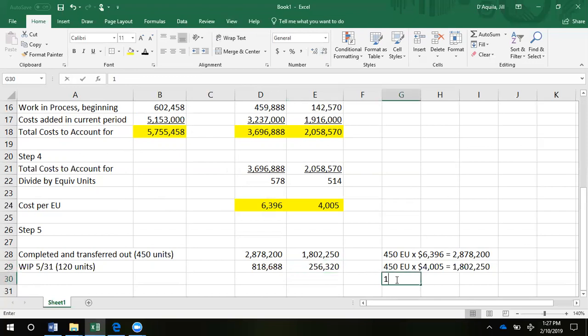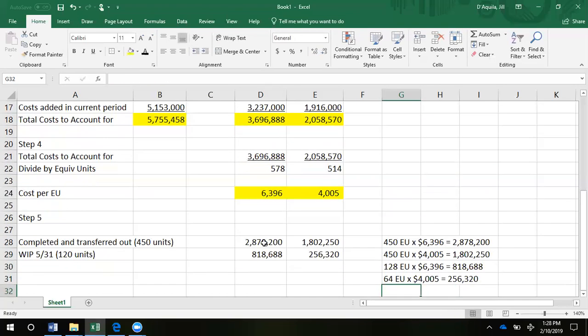So again, just to write out the work, it's 128 equivalent units times 6,396. That gave me 818,688. And 64 equivalent units times 4,005 gave me 256,320.